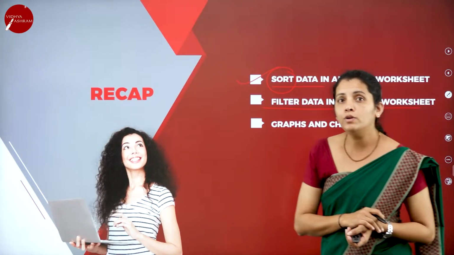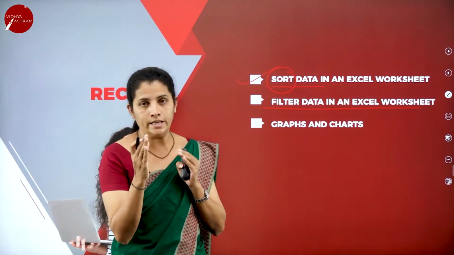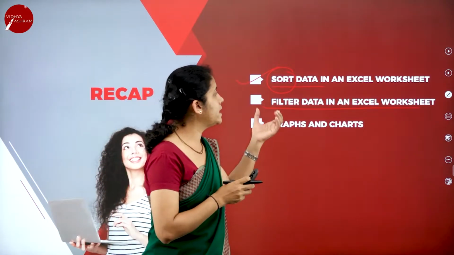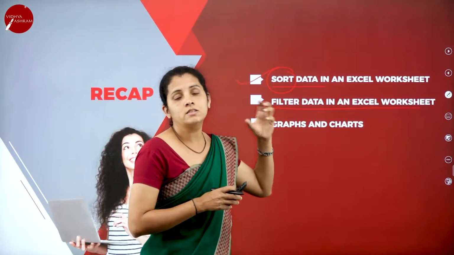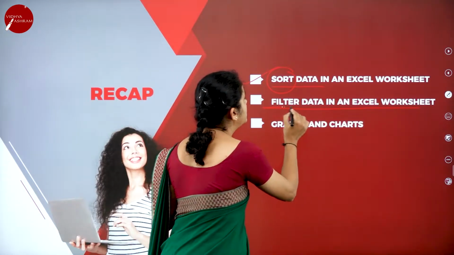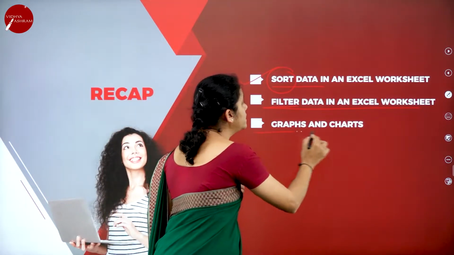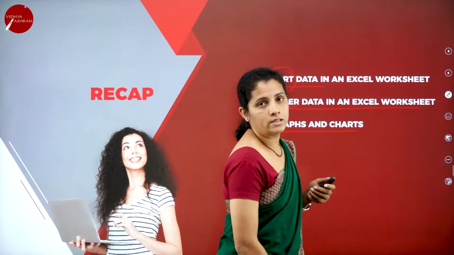Then I can filter the data by specifying some criteria. Based on that, I can filter some portion of data, which can be achieved with the help of filter. Then we learned what is graph and what is chart.